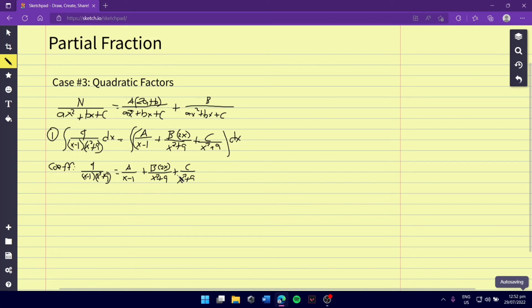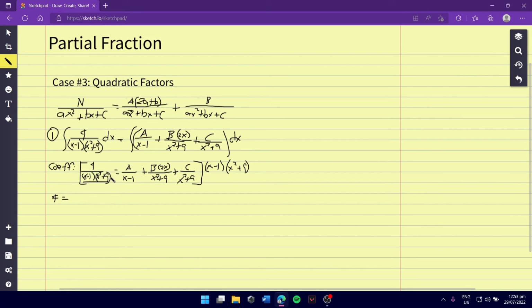And then, next, we'll multiply it by the least common denominator, which is your LCD, x minus 1 times x squared plus 9. When we multiply it, on the left side of the equation, x minus 1 will cancel out, x squared plus 9 will also cancel out, leaving us 4.